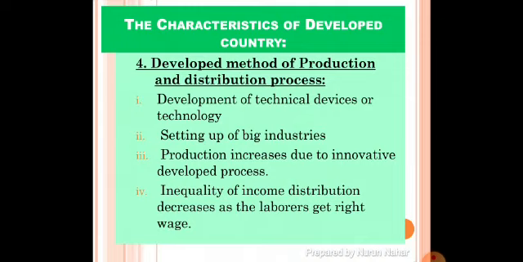That is, day by day, these countries are inventing new processes of production and making production easier. Laborers are getting the right wage. That's why inequality of income distribution decreases, and in this country labor exploitation is solved, so the country will go for further development.